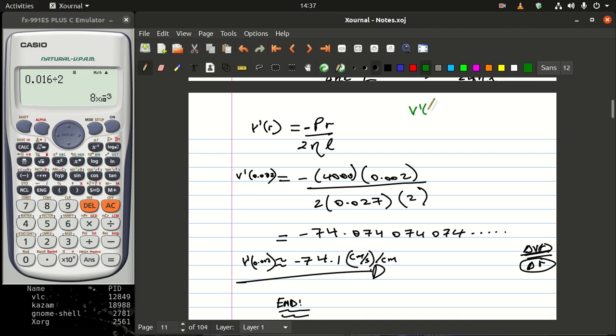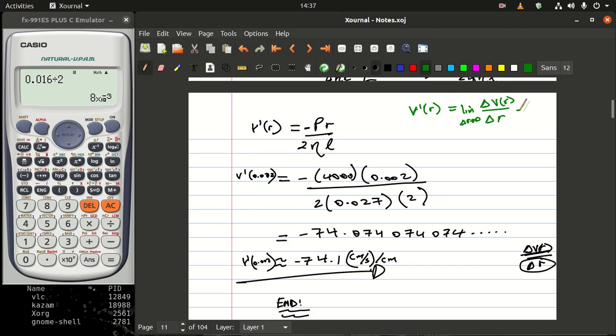Another thing I want you to realize here, notation-wise: if I want the first derivative of this with respect to r, this is the same as the change in V of r with respect to r, and you take the limit as delta r goes to 0. I hope you can understand now the use of limits.